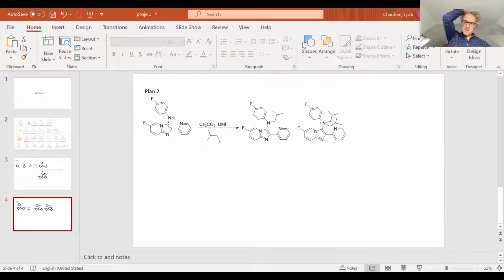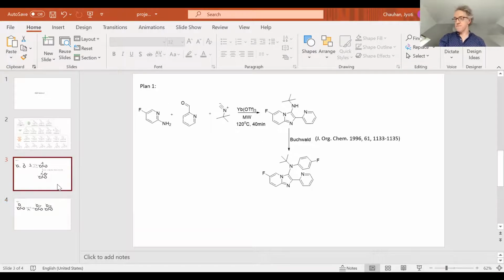Mm-hmm. The other way of doing this alkylation, if you don't want to put an alkyl group on a nitrogen by direct alkylation, anyone want to jump in with another possible way of doing that? It's not an exam, just asking. It's a reductive amination process. You can.